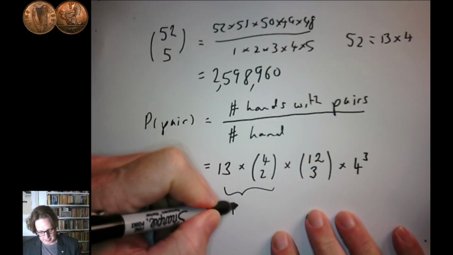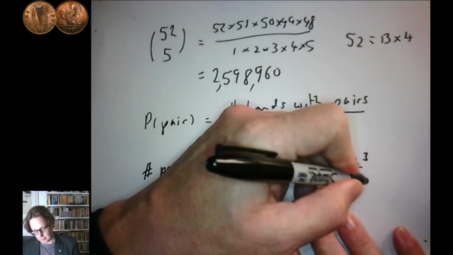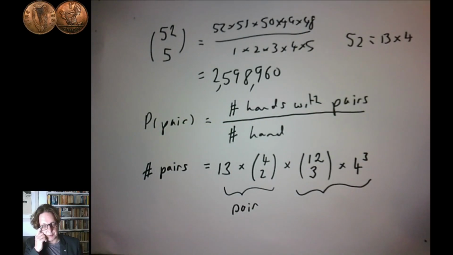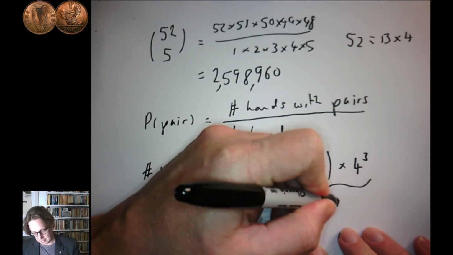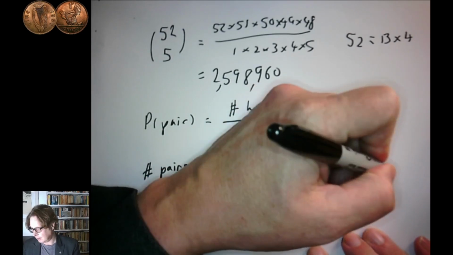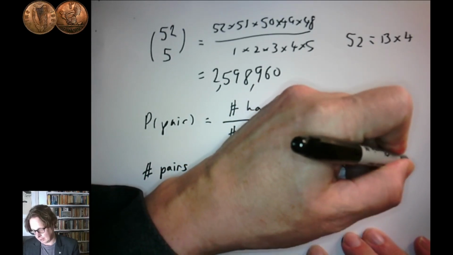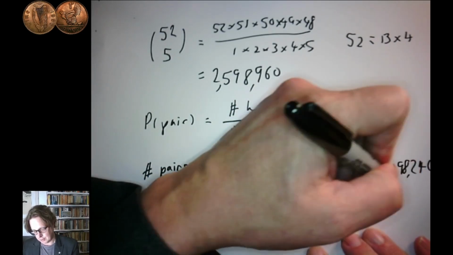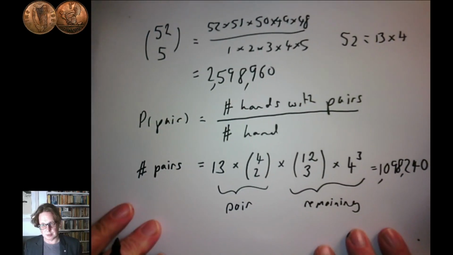This is for the pair part. And then for the remaining cards, we have 12 choose 3 choices of value, 4 to the power of 3 choices of suit. So this is the remaining cards. And this is equal to 1098240. So it's just over a million.